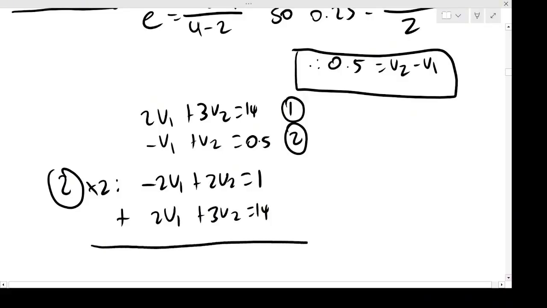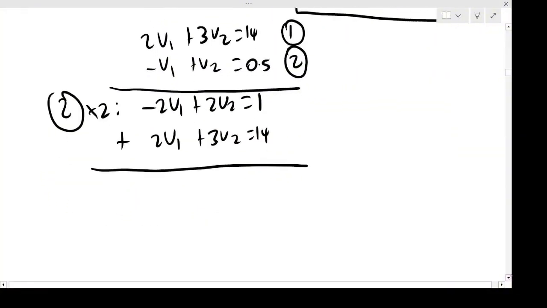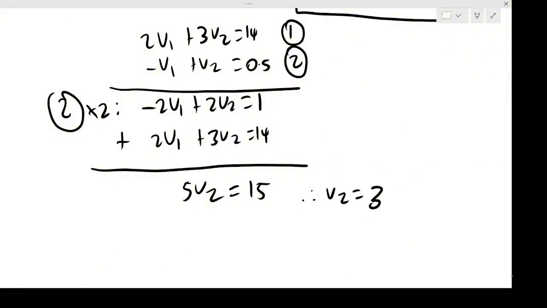If I add these two equations together, well, the v1s now cancel. So I have minus 2v1 add 2v1 goes to 0. 2v2 add 3v2 is 5v2. That's going to equal 15. So therefore v2 is going to be, well, 15 divided by 5 is 3. And there we are.